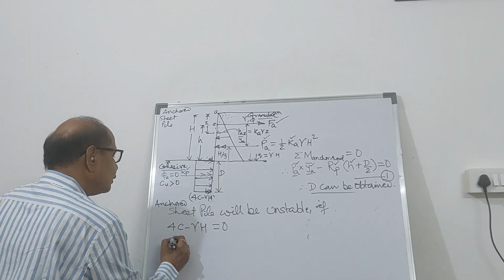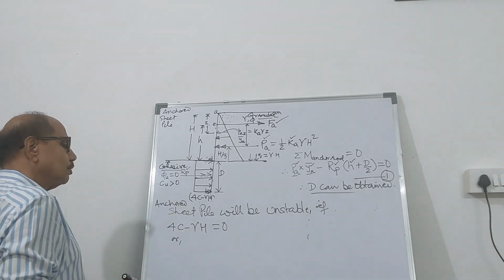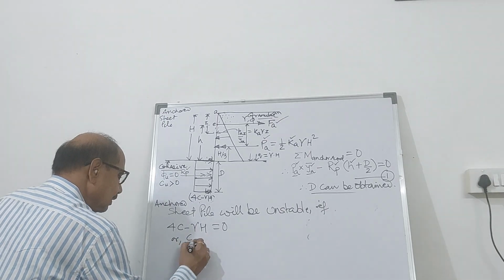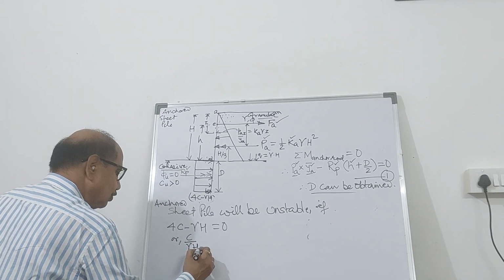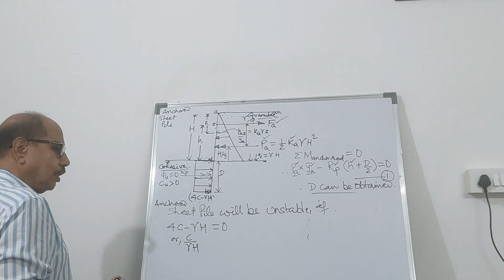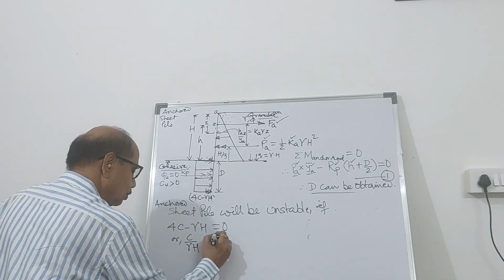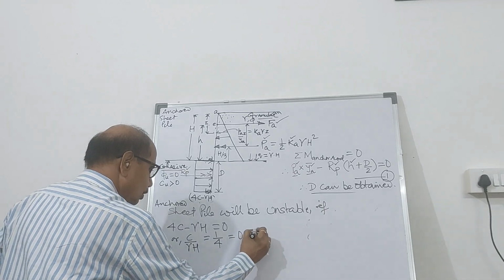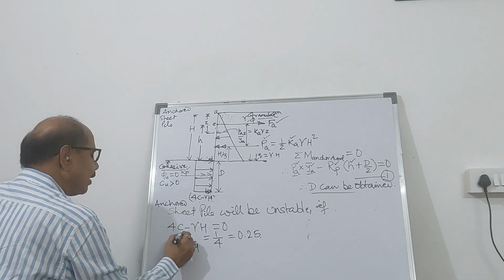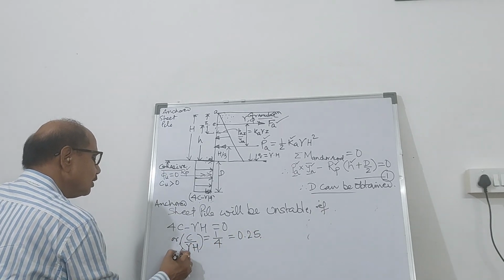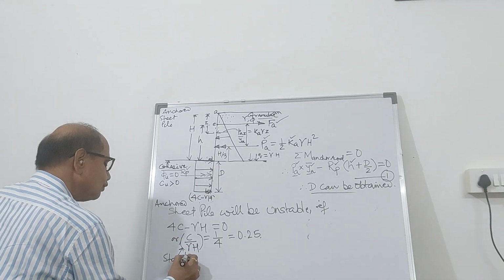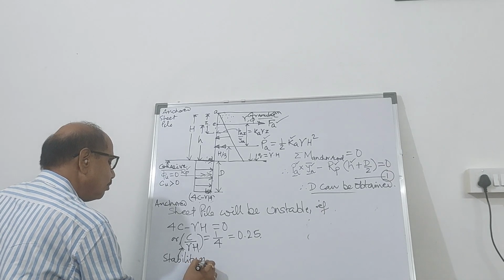Or C divided by gamma H equals 1 by 4. This C divided by gamma H is called the stability number.